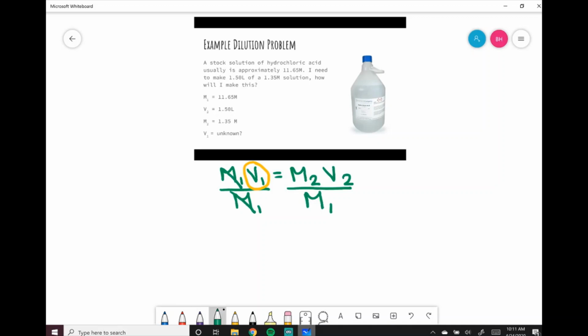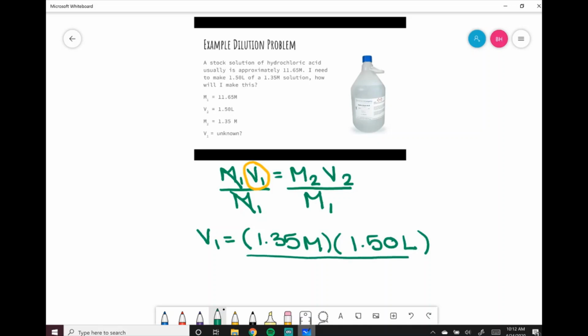So let's plug in our variables. V1 is equal to M2. Make sure you put it in the right spot, so make sure you don't put M1 on top. So it's going to be 1.35 molar times 1.50 liters, my final volume that I want of my dilution.